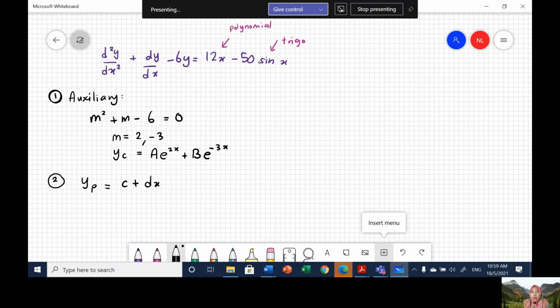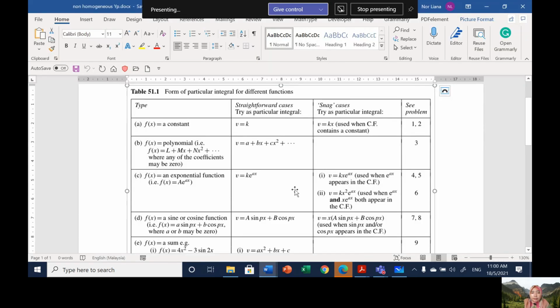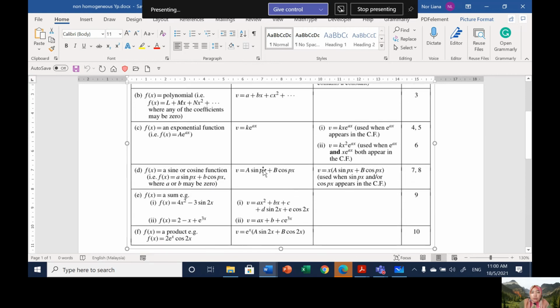Then for trigo, let's see. We have trigo, and we compare with our yc. Are we having a straightforward case or a snake case? There is no trigo in our yc, so it will be a straightforward case.